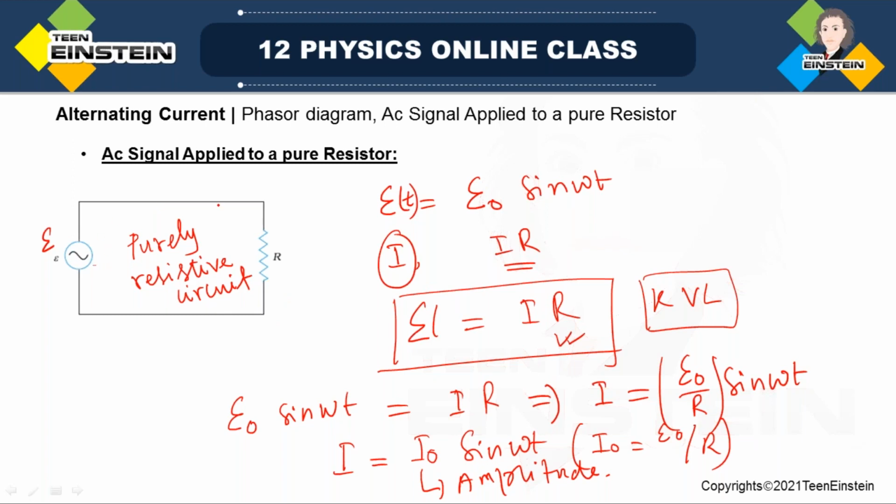After closing the switch, you will see there will be EMF across this resistor R which is alternately becoming positive and negative, like positive here or negative here. Also it can be negative and positive, so it varies sinusoidally, as you know. It will change its sign. So if I apply such an AC voltage or EMF, what will be the current in the circuit?